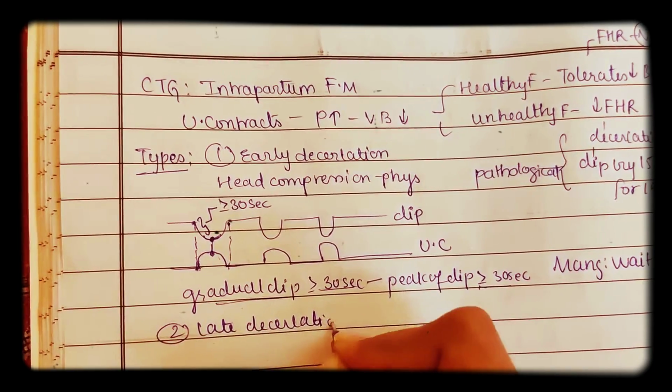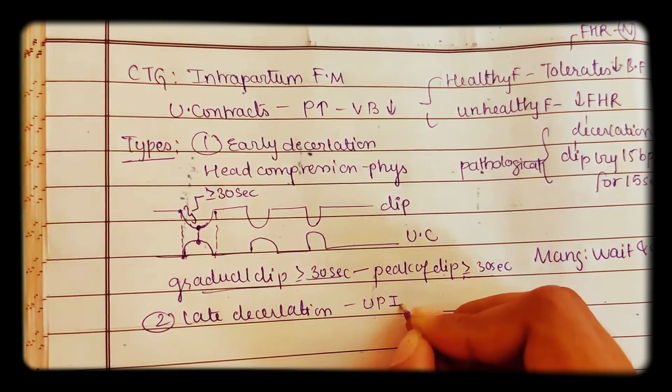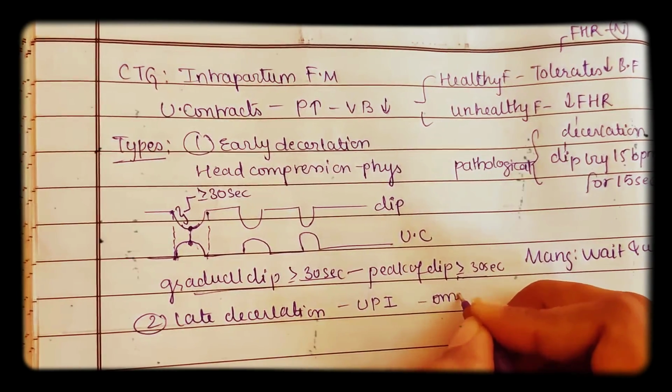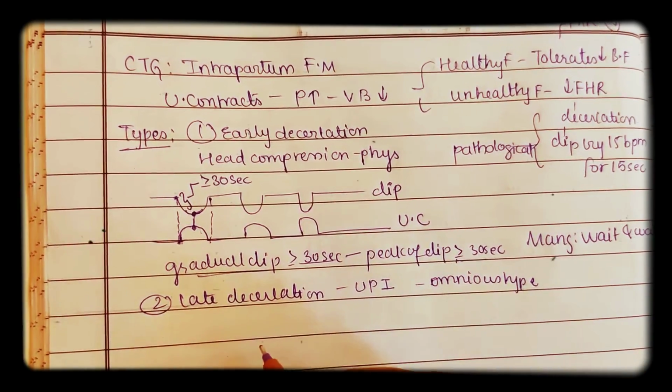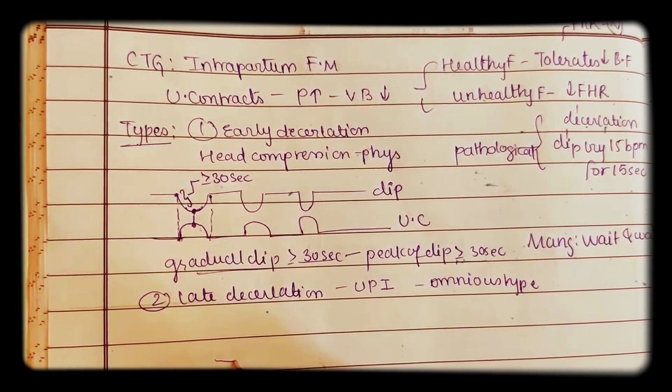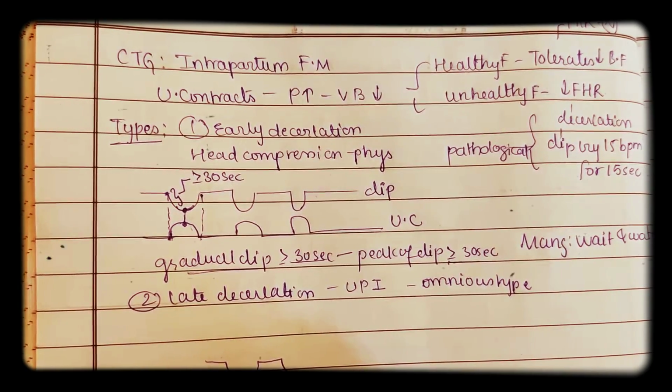Okay, and next coming to late deceleration. Late deceleration is mainly caused by uteroplacental insufficiency, and it is the most ominous type of deceleration. Here the problem is the onset of dip in fetal heart rate after the beginning of contraction.